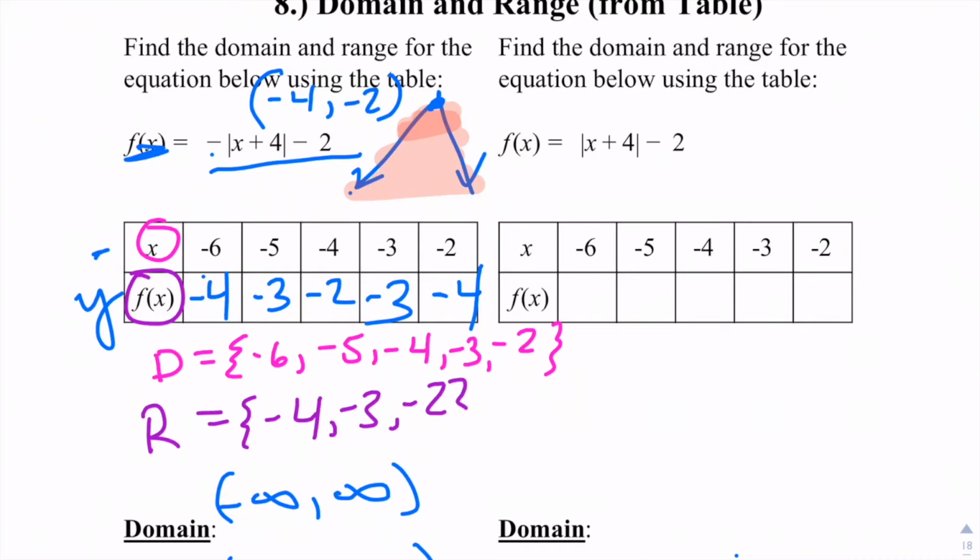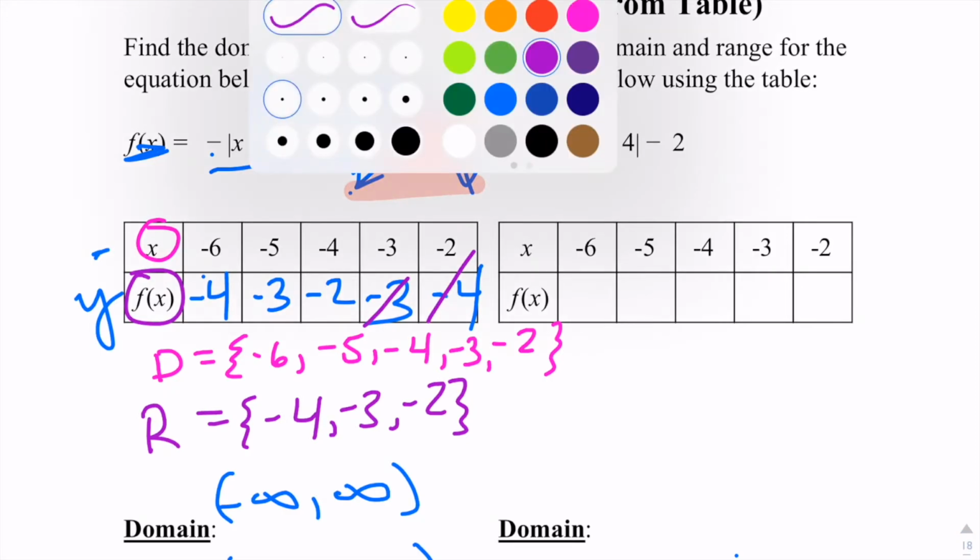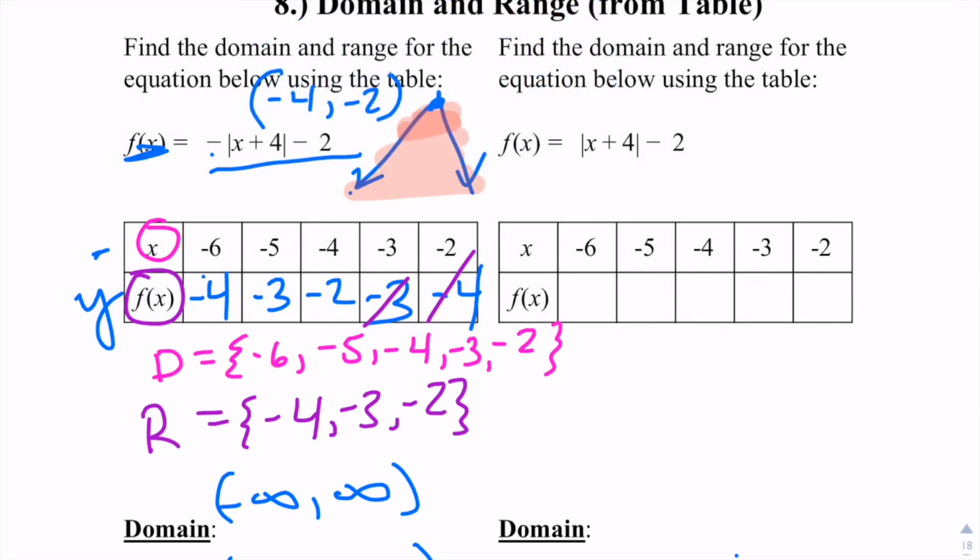And I don't have to put the other -3 or the other -4 in there because they're already in the set. Again, if we go over here with this other function, we can real quickly do a little sketch here. That's the type of sketch that I have. I know that my vertex is right here, and my vertex is going to be -4, -2, just like before.